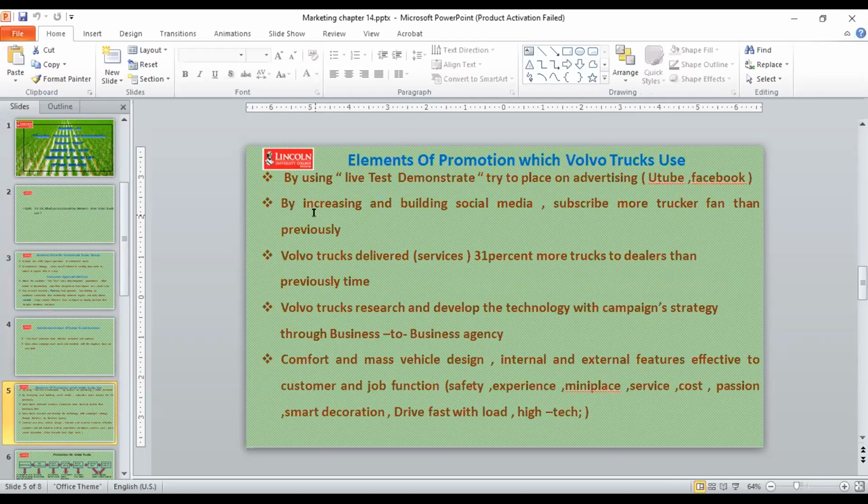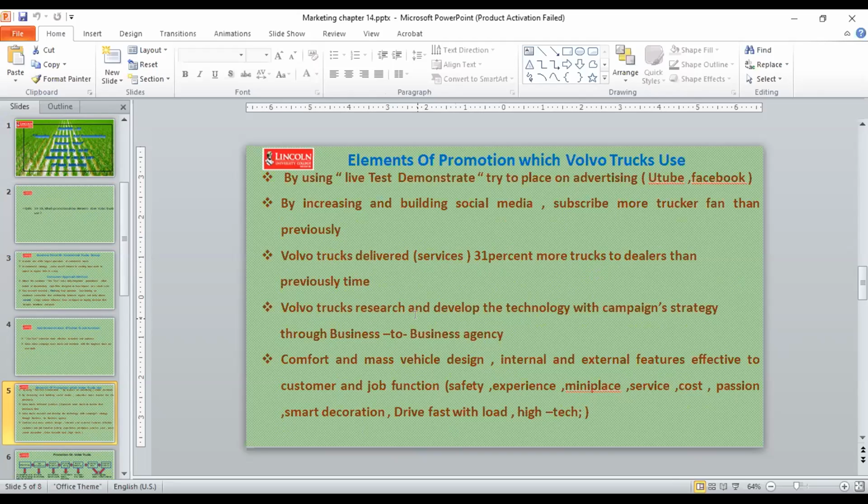And by increasing social media, they subscribe more truck firms than previous conditions. Volvo Trust delivery, which is service, brings 31% more trucks to dealers than the previous time. This is more focused on the market area to the customer, 31%.